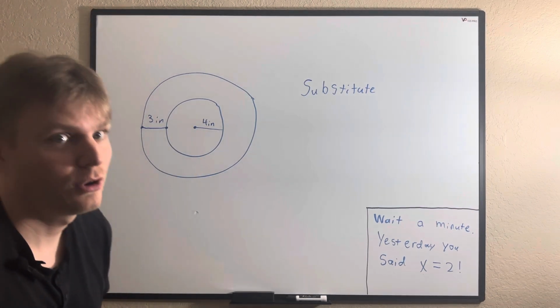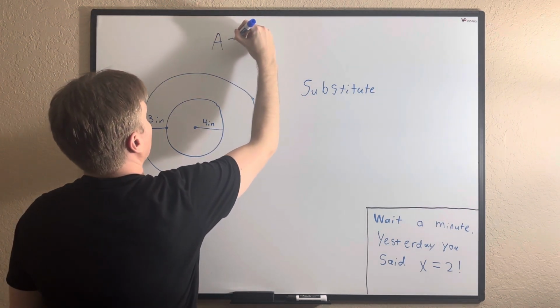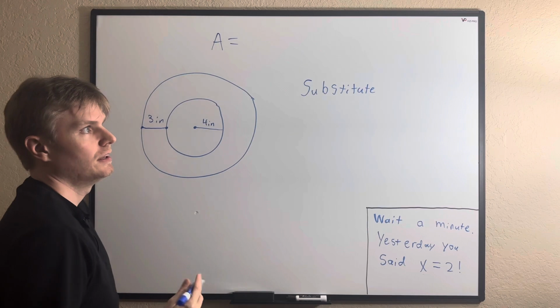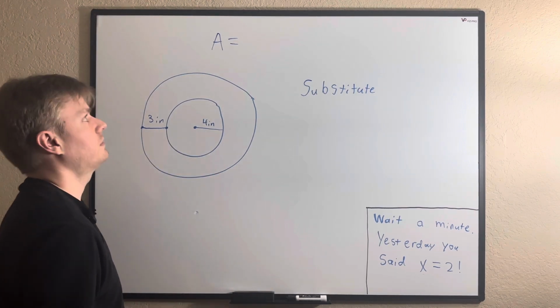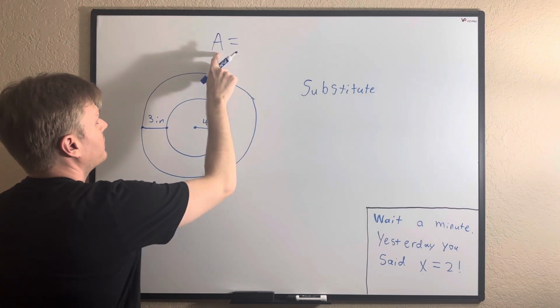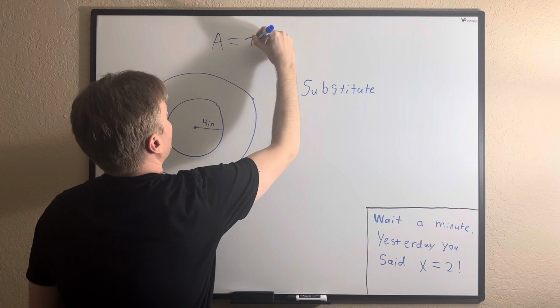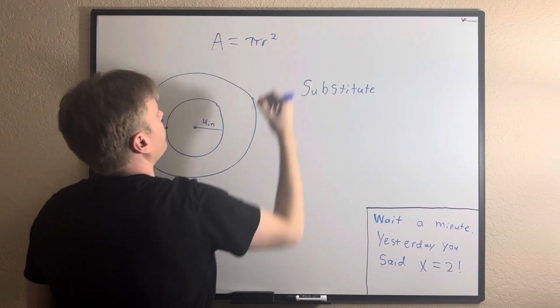And you're given a formula. Formulas are something that is just expressing a relationship between one value and some others. So they say in this formula, we have the area of a circle is equal to pi r squared.